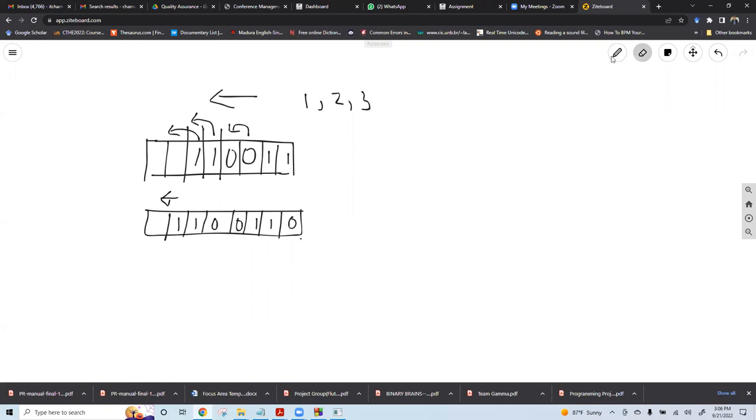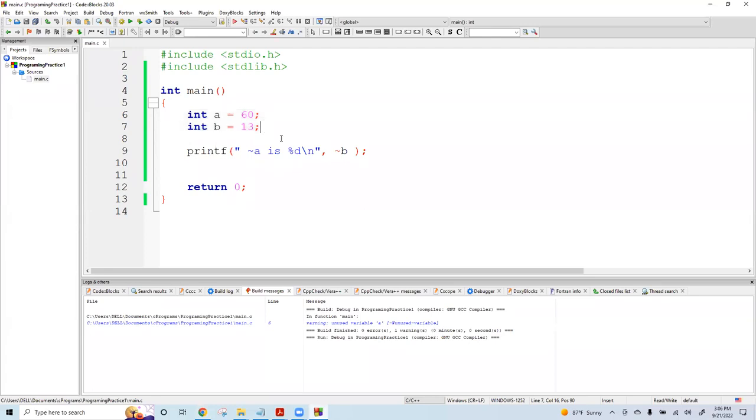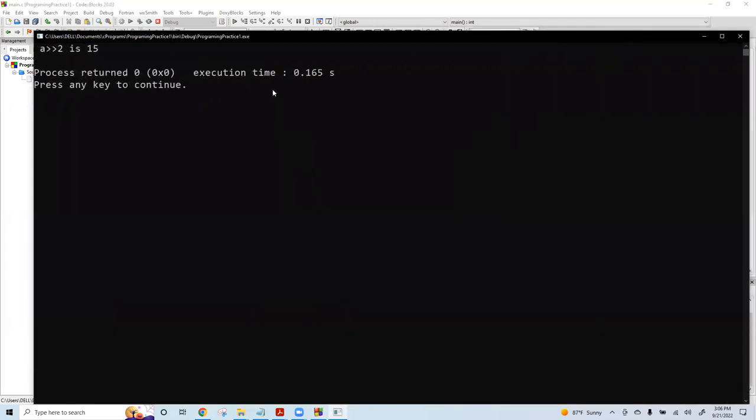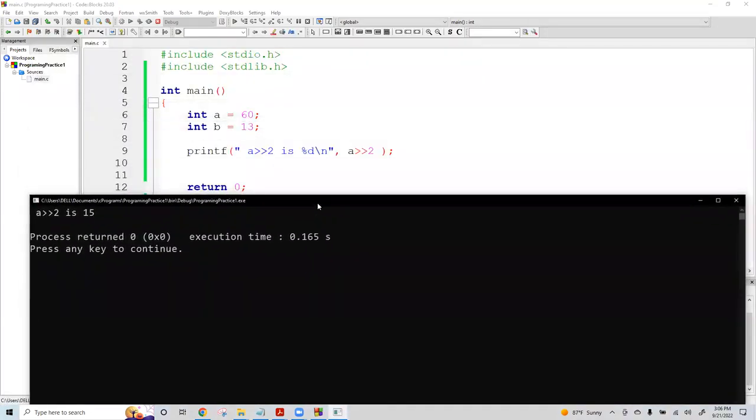So let's say A is right shifted by 2. Let's see the answer. Let A be 60.